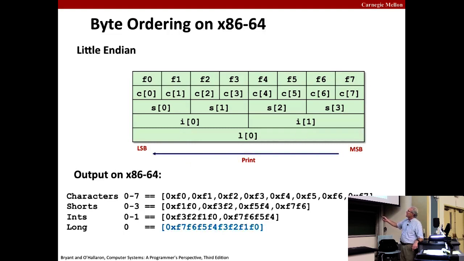And now on an x86-64, where a long is 64 bits, you get 8 bytes. And you can also determine from this, if you look carefully, that it's little endian order, because the least significant byte is F0, which is the first byte.